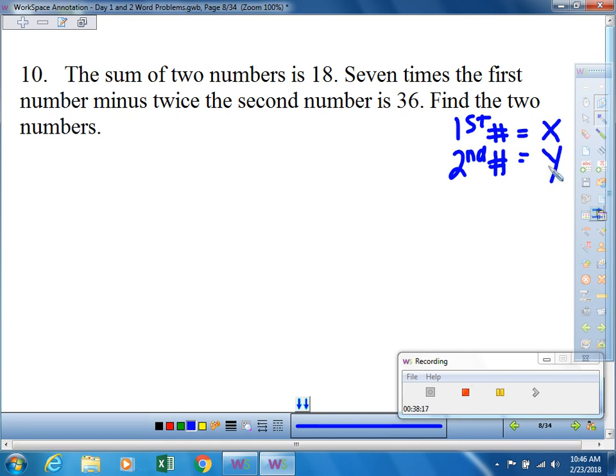Y. So here are my 2 numbers. Now we're going to take those and write our equations. The sum of 2 numbers is 18. So sum means add the 2 numbers. What am I going to add? X plus Y. And how much is that total? 18.